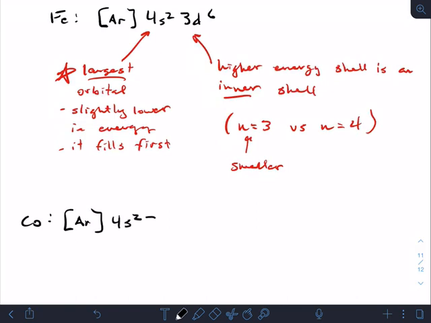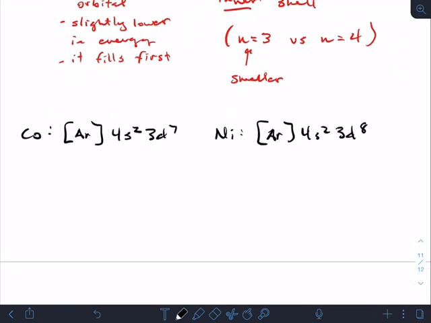Looking at a couple of examples, cobalt is argon 4s2, 3d7, and nickel, the one right next to it, is argon 4s2, 3d8.